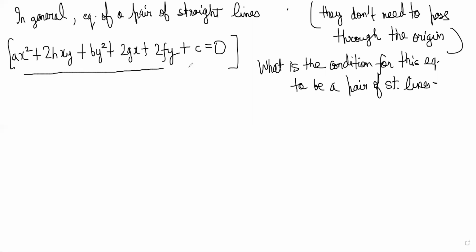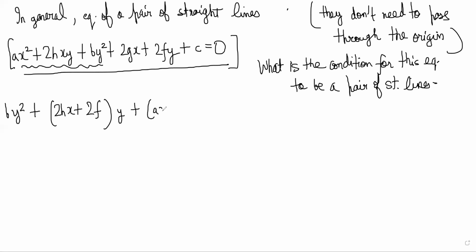So in the previous question, remember, we had only 3 terms, and then we solved the quadratic in it, right? Now we have many more terms. We have 6 terms, but still you can write this like this: by square plus 2hx plus 2fy plus ax square plus 2gx plus c is equal to 0, right?